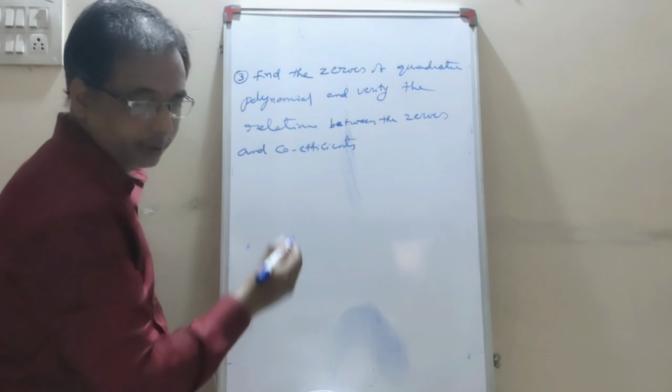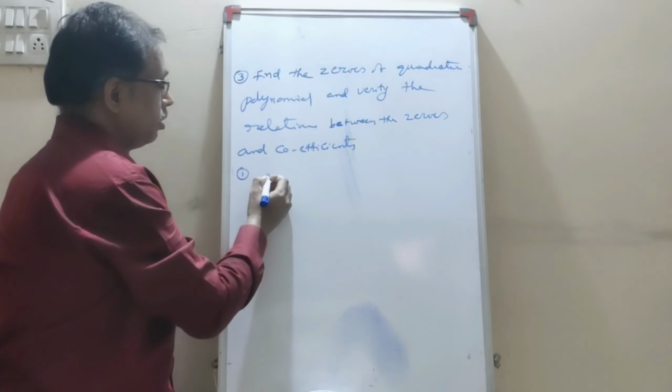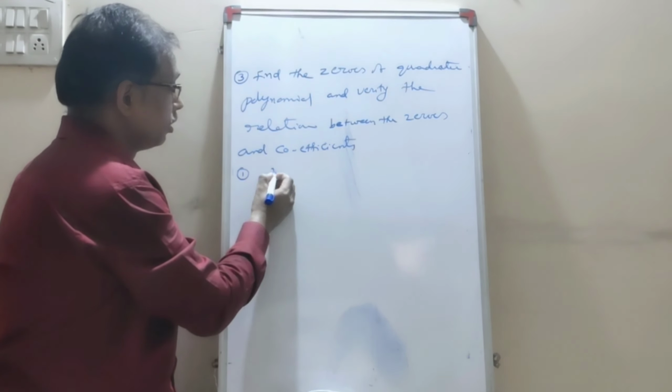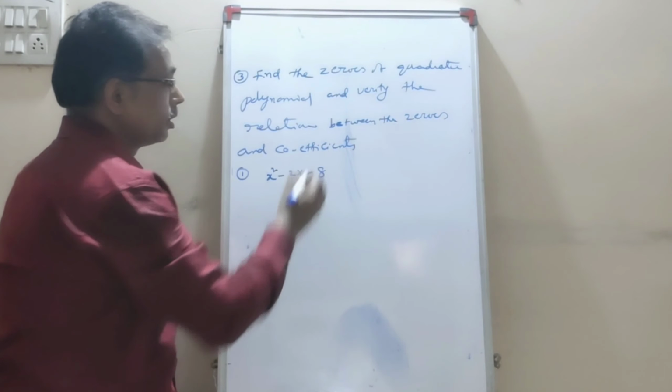So for example, I am taking one polynomial, that is x square minus 3x minus 8.